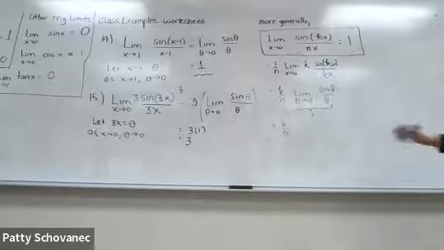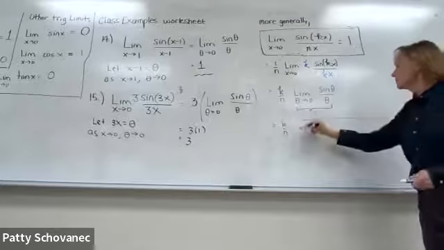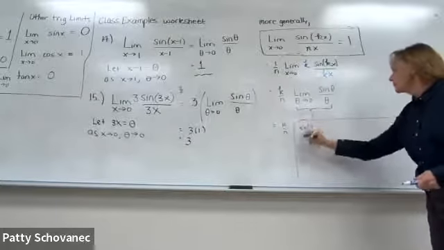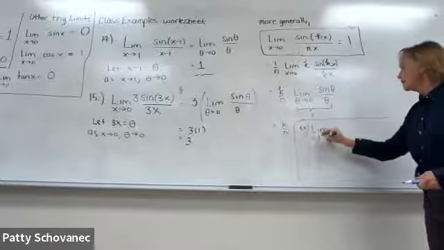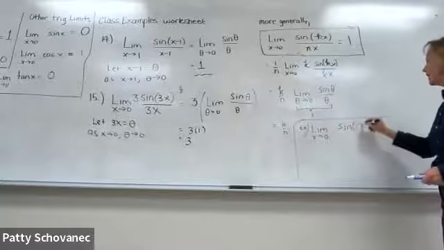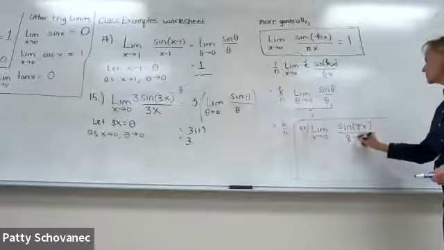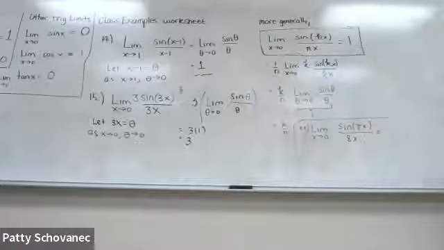So if I take, for instance, the limit as x goes to 0 of the sine of pi x over 8x, what do you think that limit's going to be?